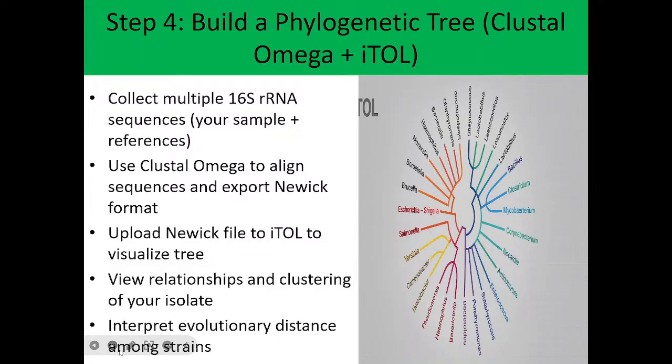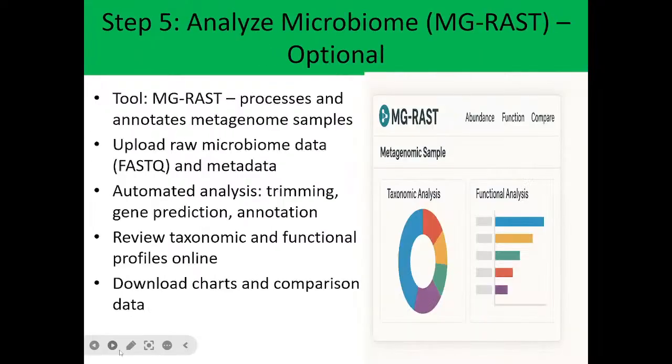So you are going to screenshot the ITOL image, then list those organisms. You now tell ChatGPT to interpret that result for you in terms of their evolutionary distance. So you are going to get a result, and that result is what you actually need.